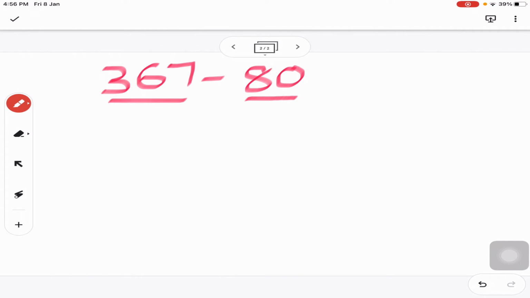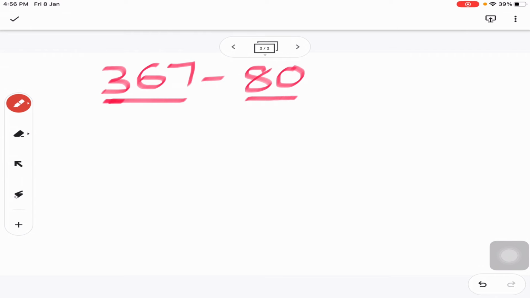You can notice that the value is in hundreds. So, what you can do is the first step, start counting from 80 to the nearest 100. Why? Because subtracting 100 from hundreds is easier rather than subtracting any other number.